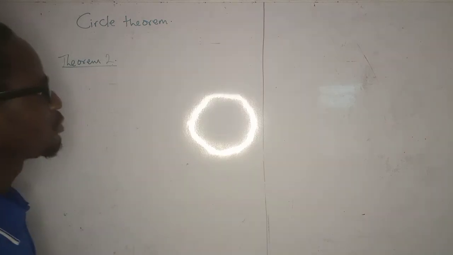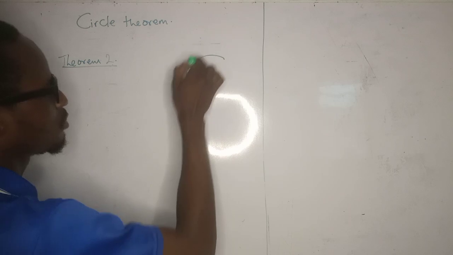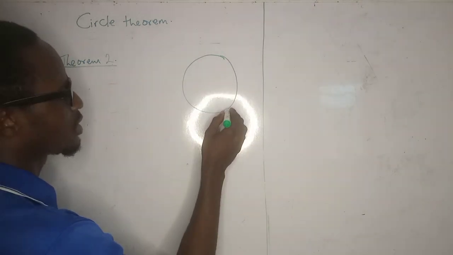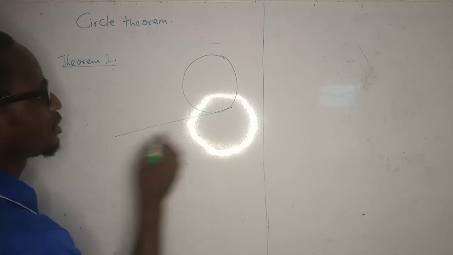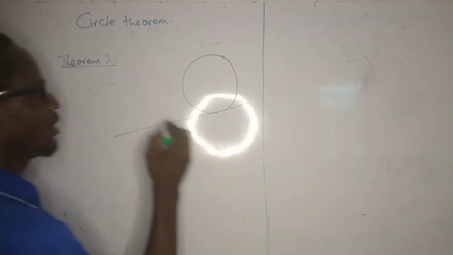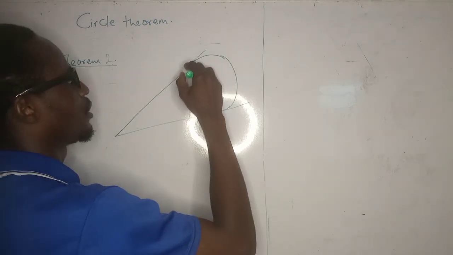If I call it theorem 2, what is the theorem? The theorem says that if you have a circle and there are tangents from external points, so let's assume we have a tangent here, and then you have another tangent here.